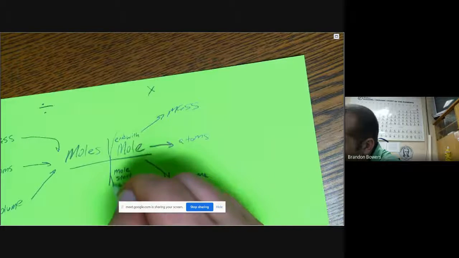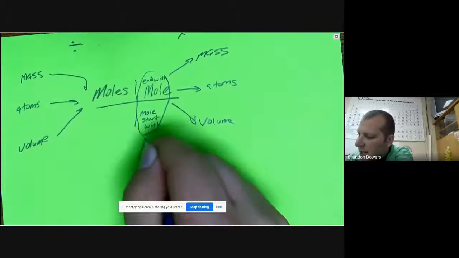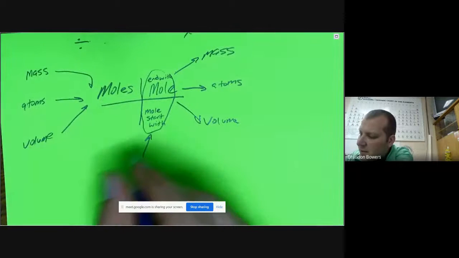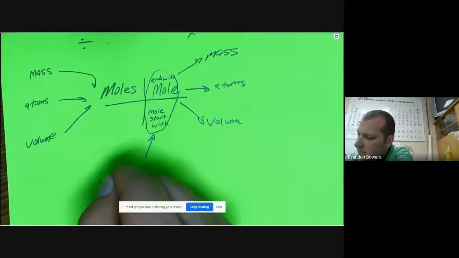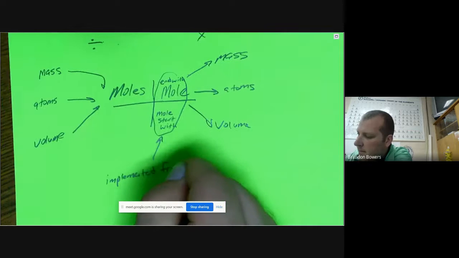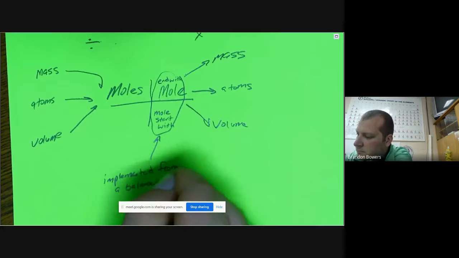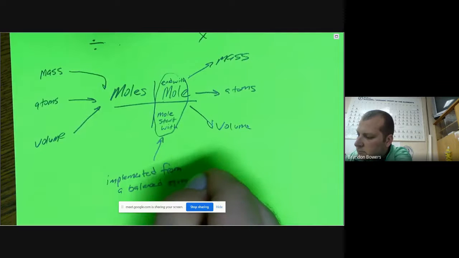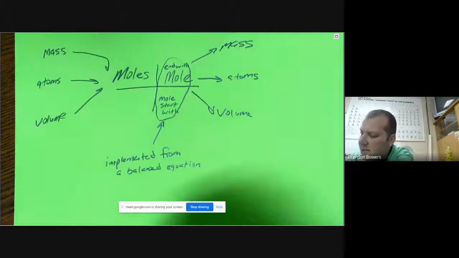Both of these factors can be implemented from a balanced equation.